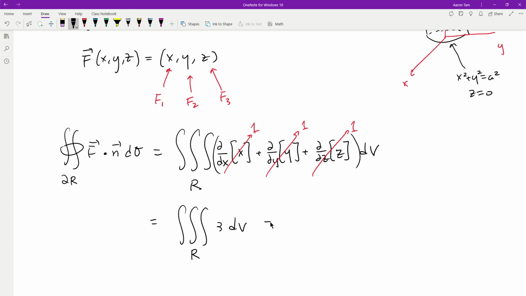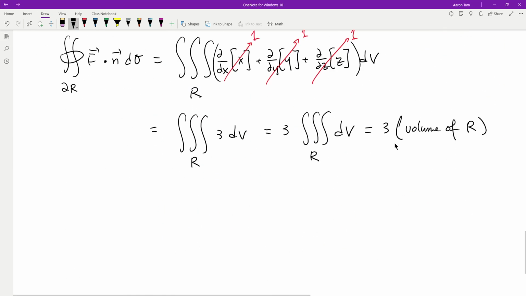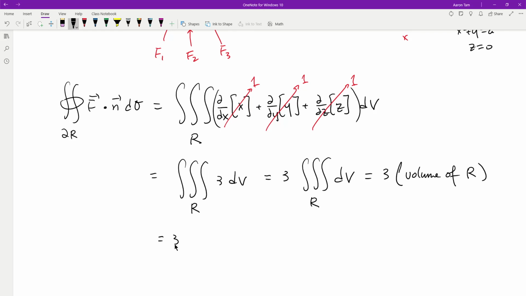Since 3 is a constant, I'm going to pull out the 3. And now all I have is a triple integral over R of dV. Well, guess what? That's just equal to 3 multiplied by the volume of R. And since our region R is the cylinder with radius a and height b, the volume is just pi times radius squared, which is a squared, times height, which is b.